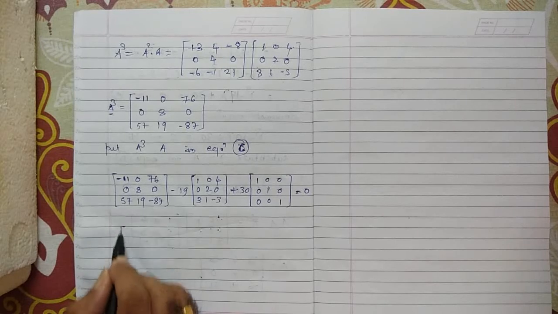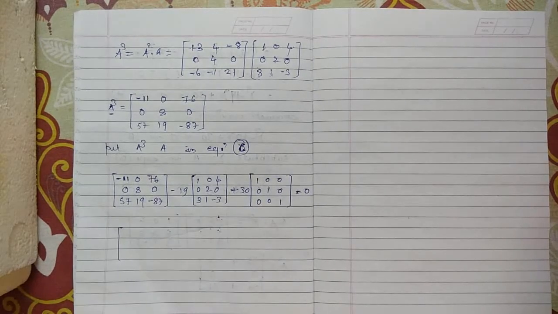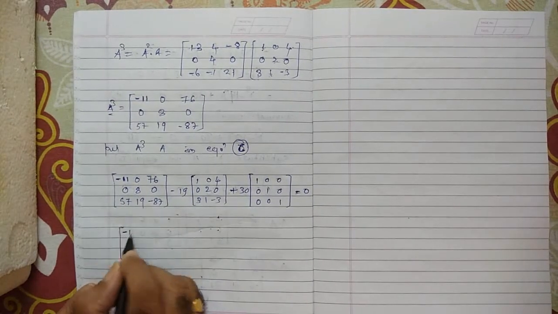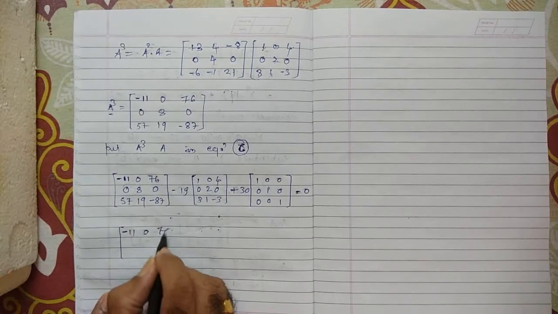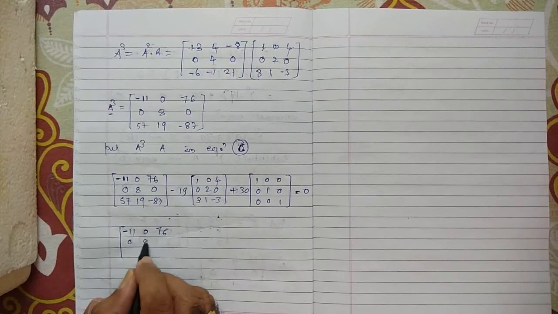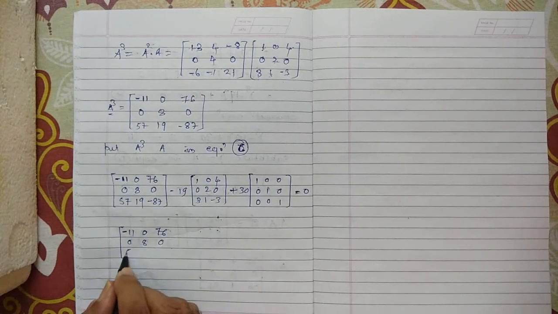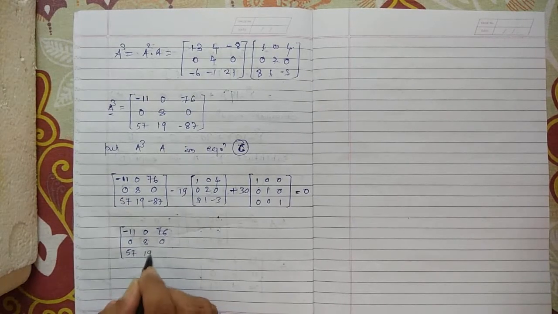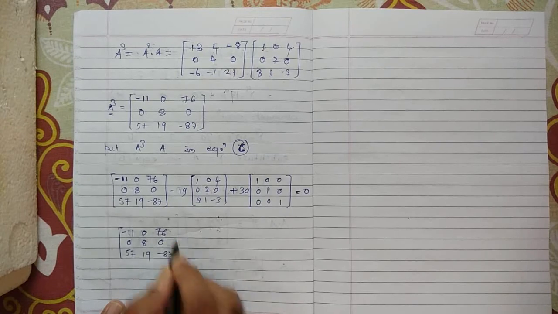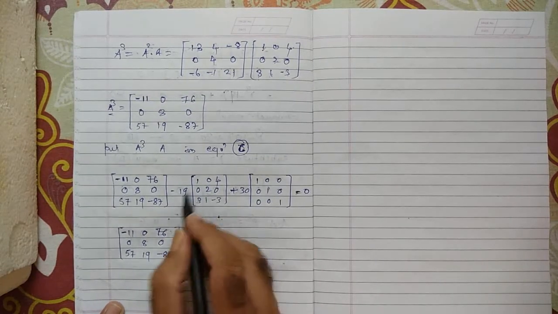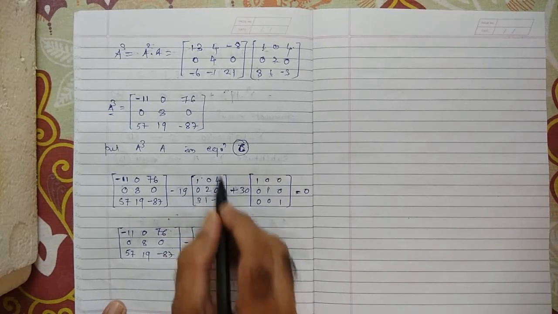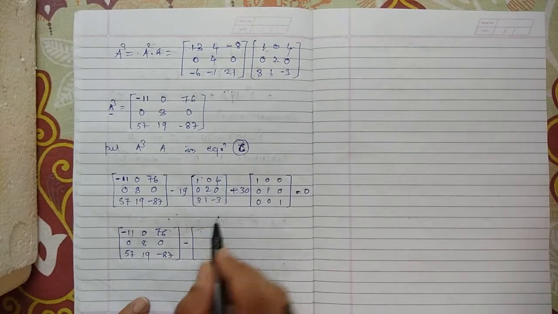Now see here, we will write down this one. This is [-11, 0, 76], [0, 8, 0], and [57, 19, -87]. Minus 19. We will multiply the 19 to each element of this matrix.